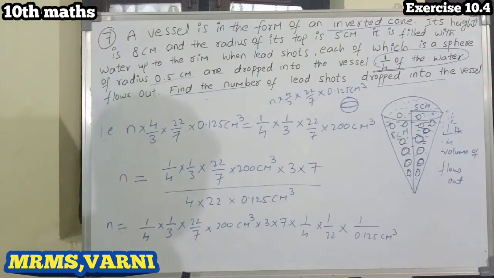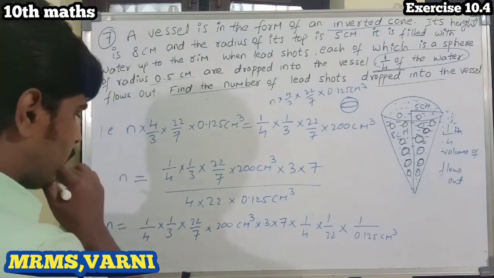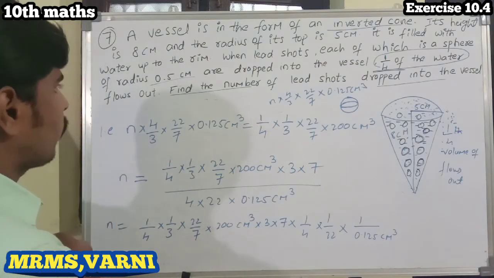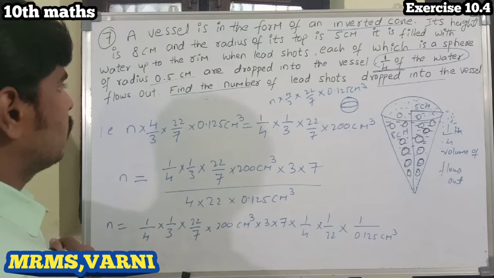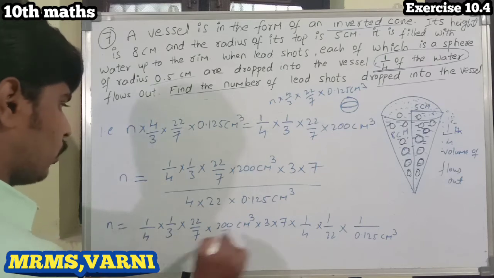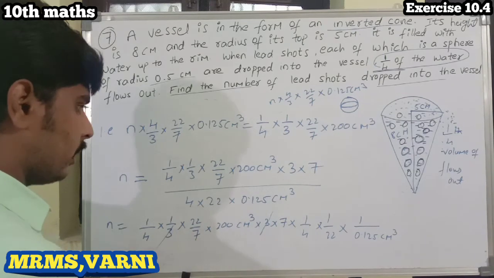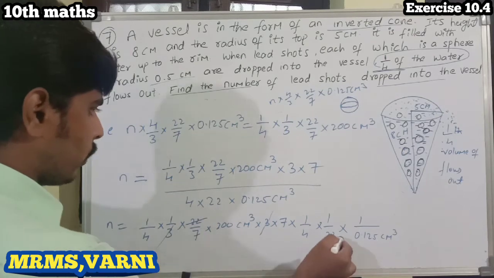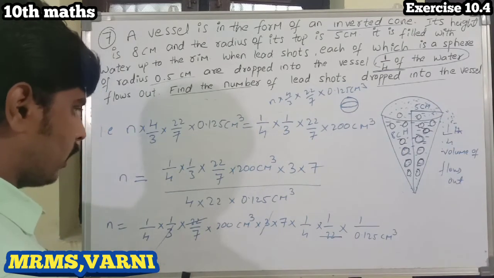Is it clear? I have just divided the denominator. Right. So 3 gets cancelled, 22 gets cancelled.